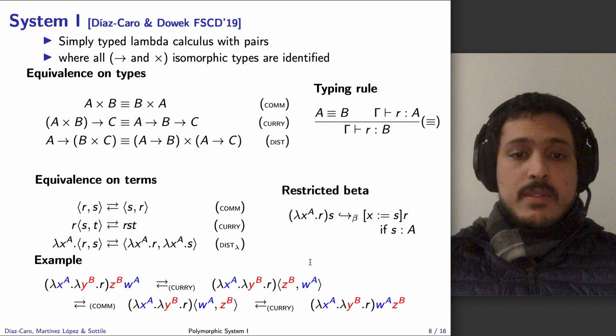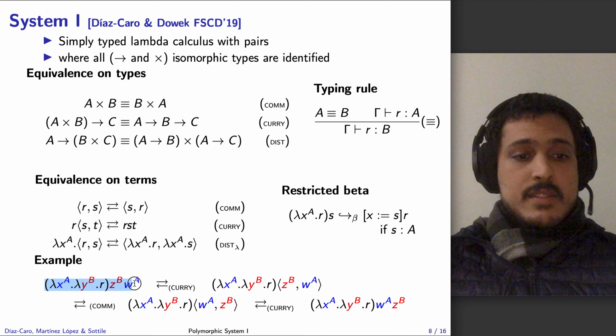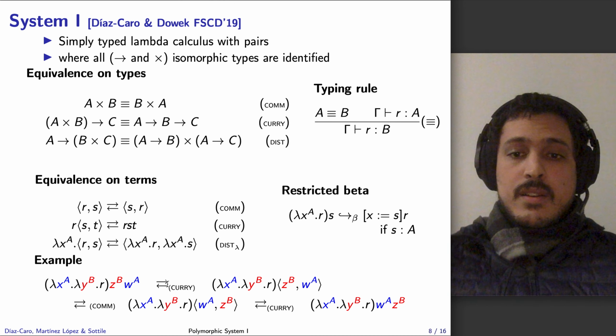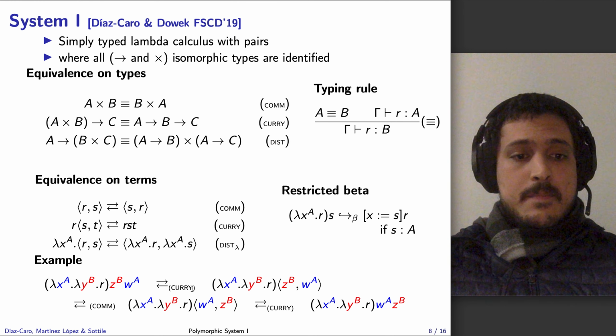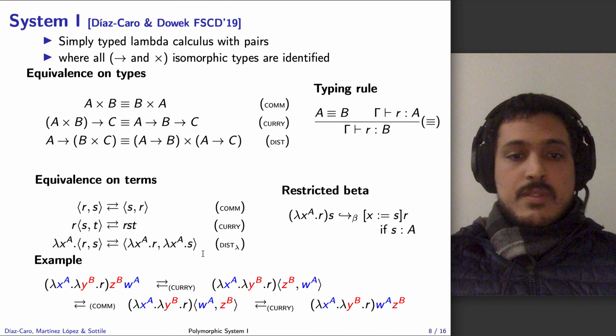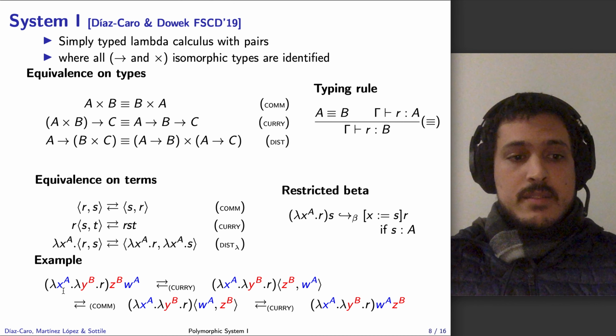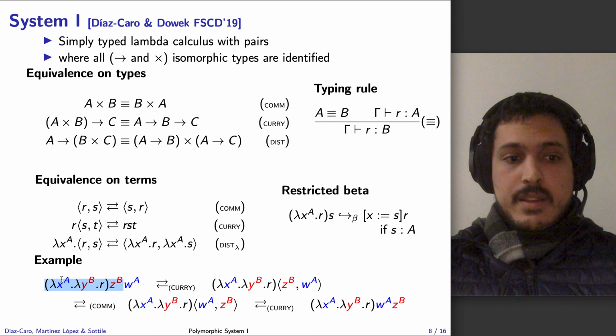So let's see an example. Under these circumstances, this term that was badly formed, now that we restricted beta, is actually stuck if we don't think about the equivalences.